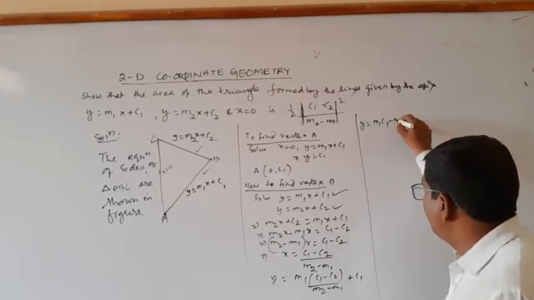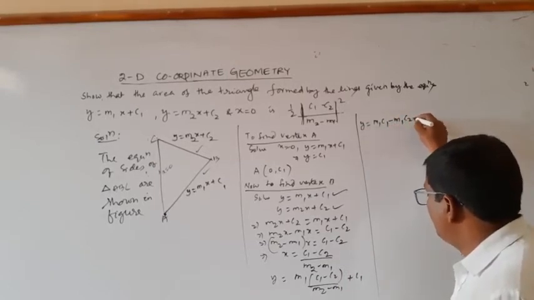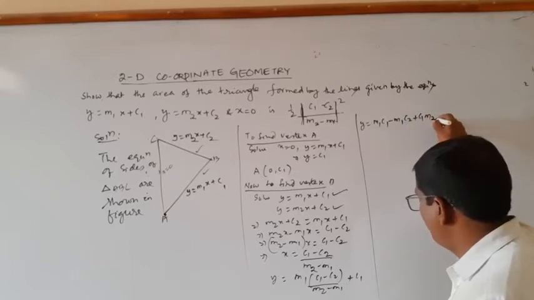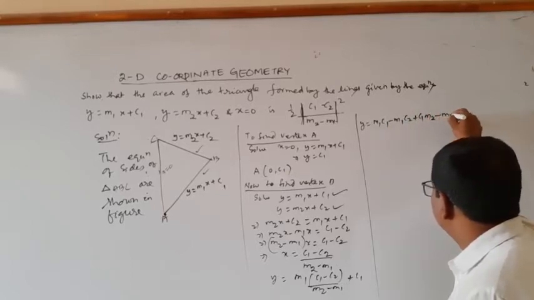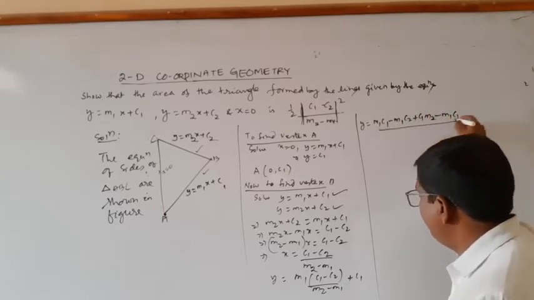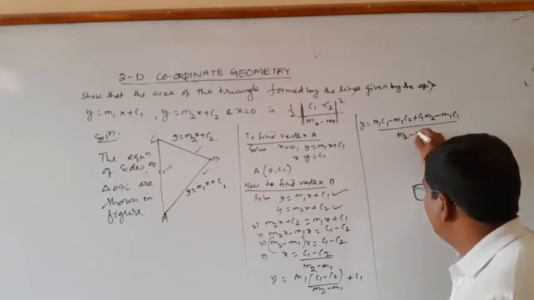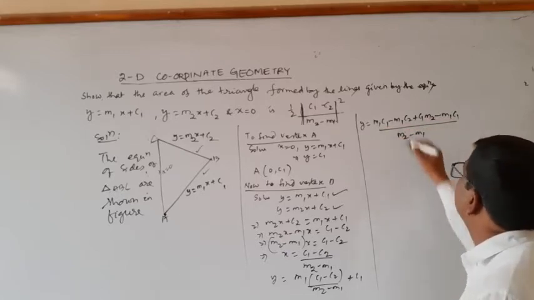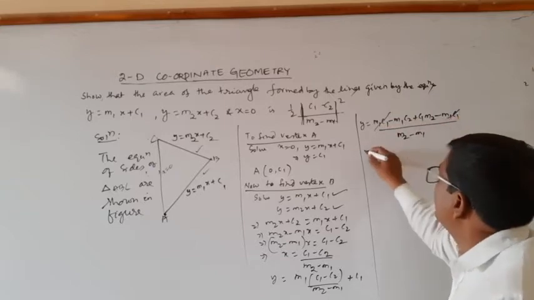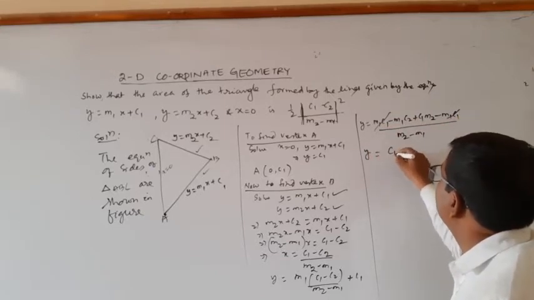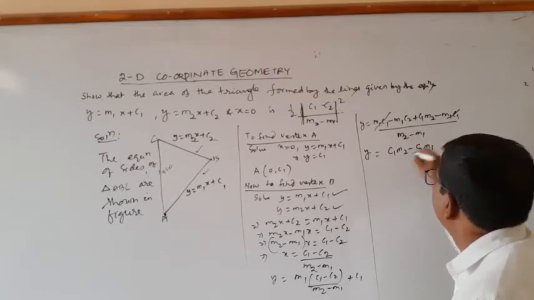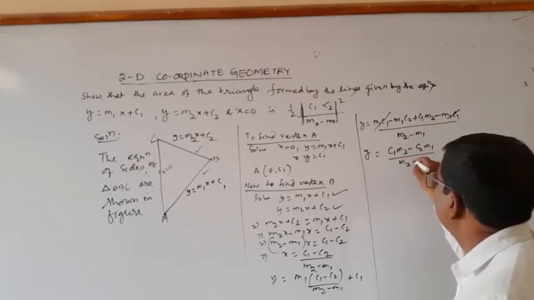c1 minus m1 c2 plus c1 m2 minus m1 c1, divided by m2 minus m1. So m1 c1 cancels. Now y is equal to (c1 m2 minus c2 m1) by (m2 minus m1).